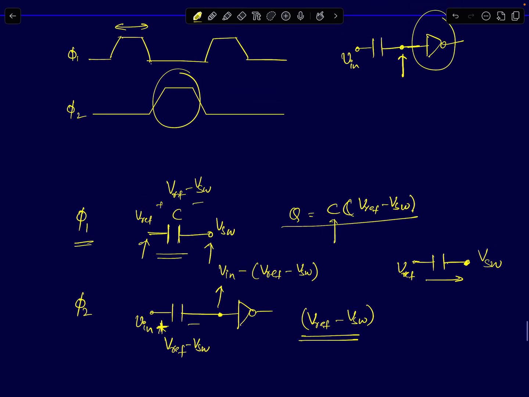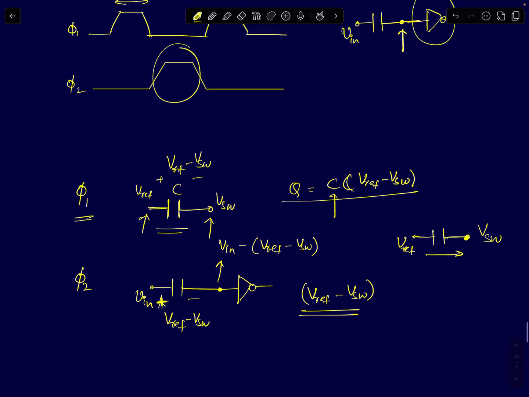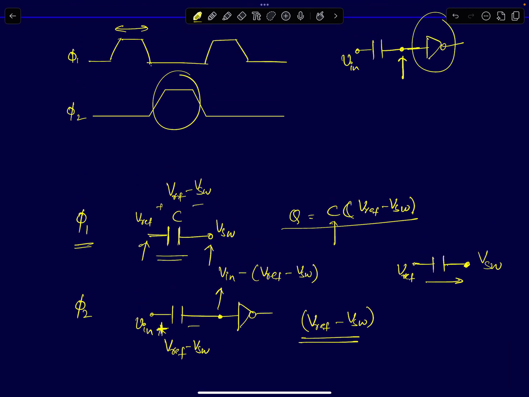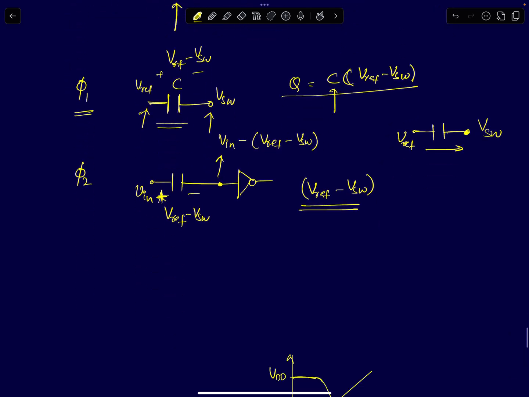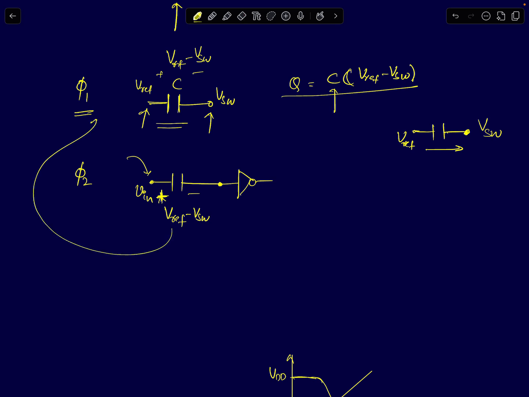Now in the second half of the cycle, when phi 2 goes high and phi 1 goes low, I am connecting one plate of the cap to Vin. The other plate of the cap is floating, right? The input to a CMOS inverter is a high impedance node, so there is no path to charge this capacitance. Because there is no path, the charge across the cap will remain the same as it was when phi 1 was high.